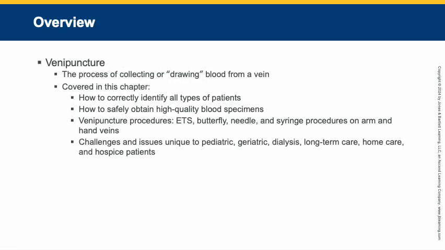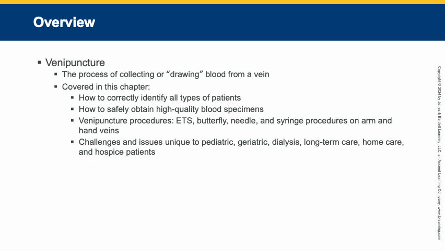The overview of venipuncture. We already know that the process of venipuncture is collecting or drawing blood from a vein. So what we are going to cover in this chapter is how to correctly identify all different types of patients, how to safely obtain high-quality blood specimens, the actual venipuncture procedure itself.